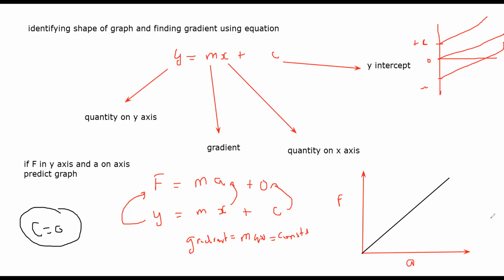I'll give another example related to this. I have a falling object. The initial velocity is 0, and as it is falling it is under the effect of gravity, so the acceleration is due to gravity.